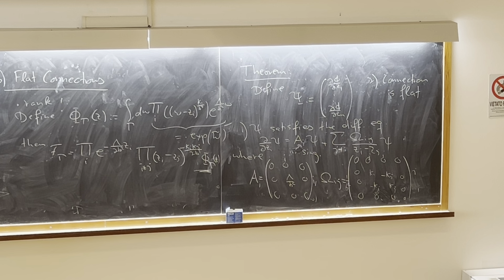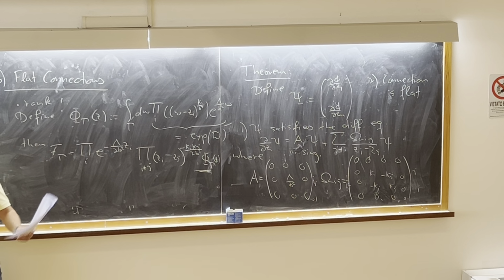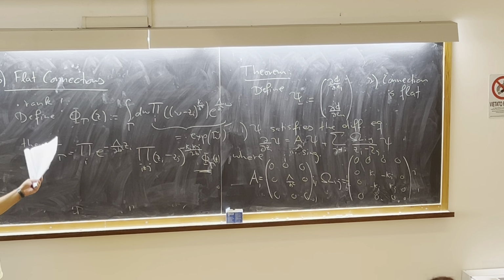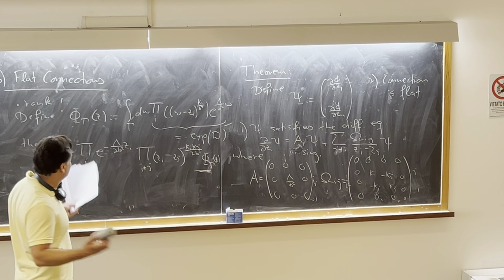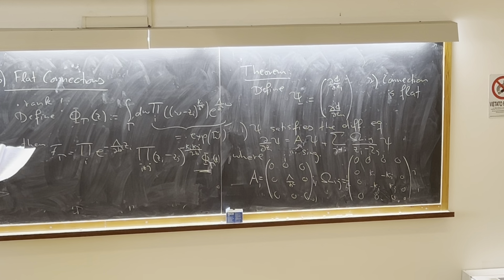It has to satisfy the modified BPZ equation for this particular case, because I'm going to insert some degenerate field 1,2, and then it will be second order. So let me also show that. Any questions before I erase this stuff about the connection?